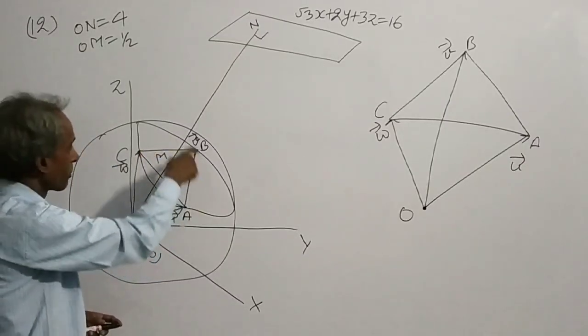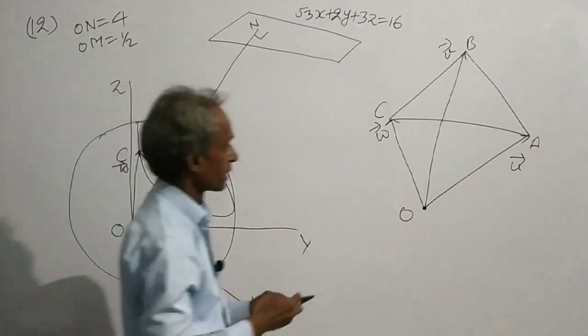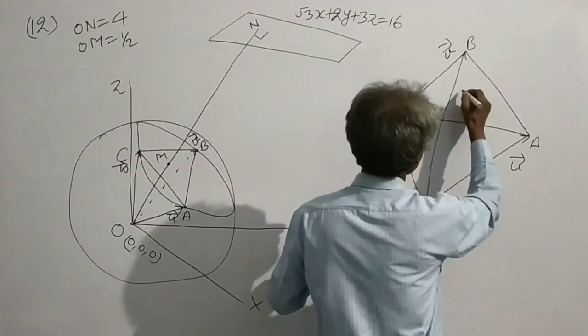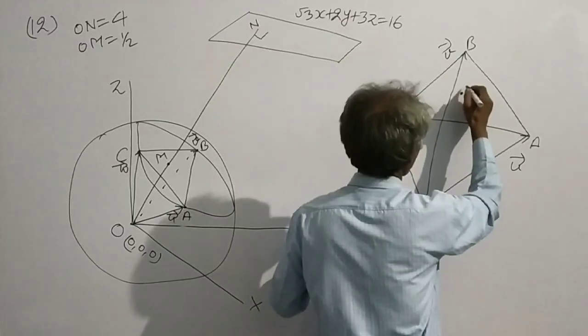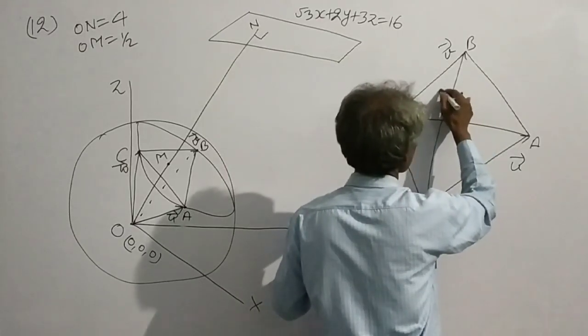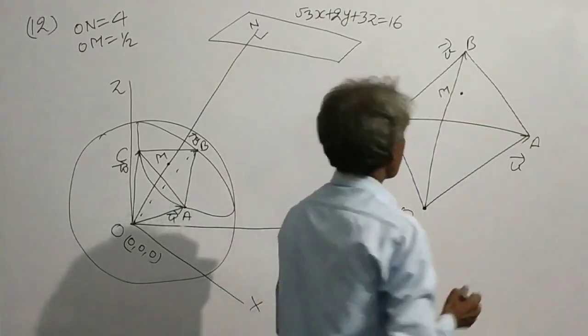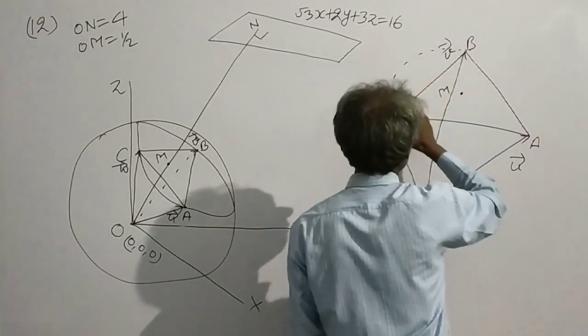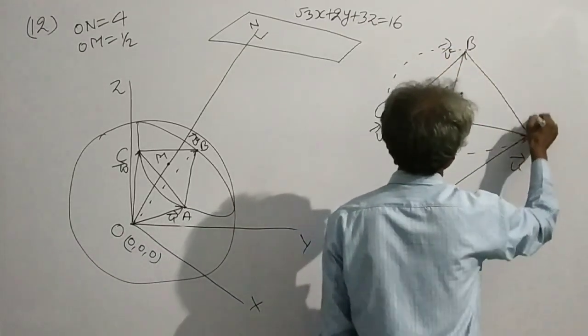M is the center of this circle. That means M is the center of the circumcircle of triangle ABC.